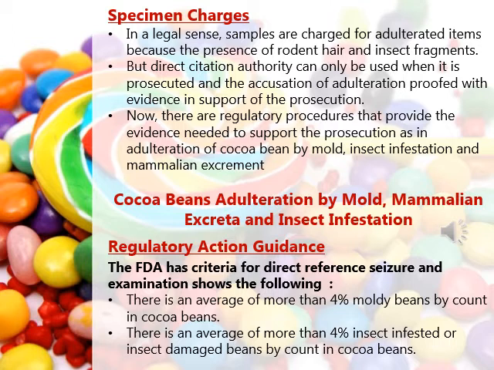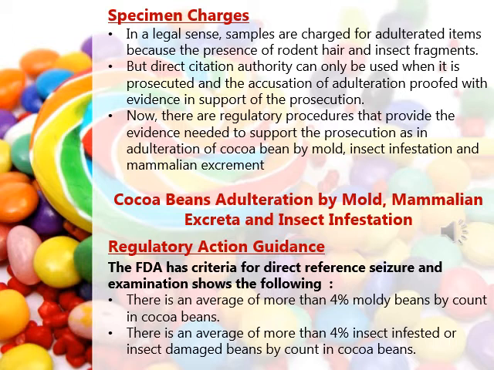Cocoa beans adulteration by mold, mammalian excreta, and insect infestation. Regulatory action guidance. The FDA has criteria for direct reference, seizure, and examination shows the following. There is an average of more than 4% moldy beans by count in cocoa beans.